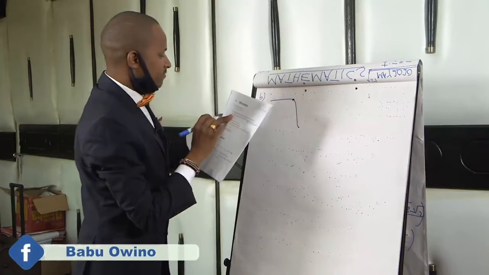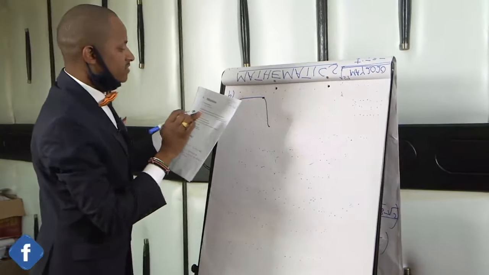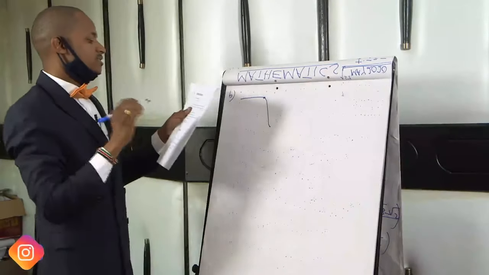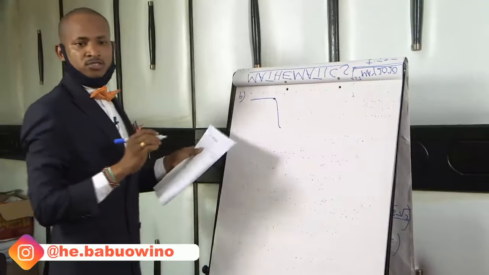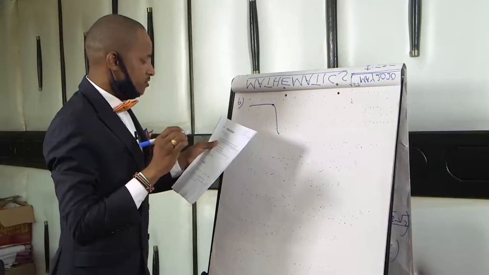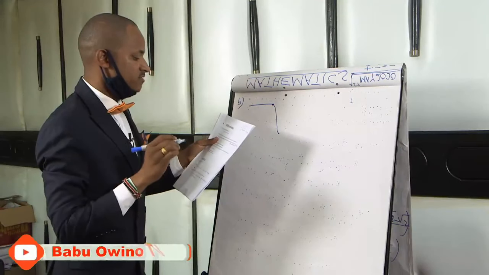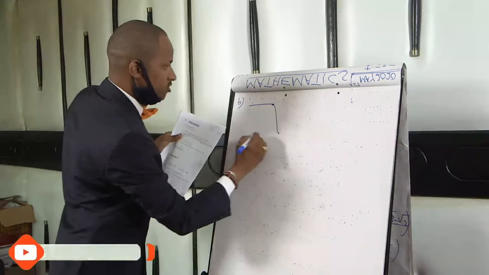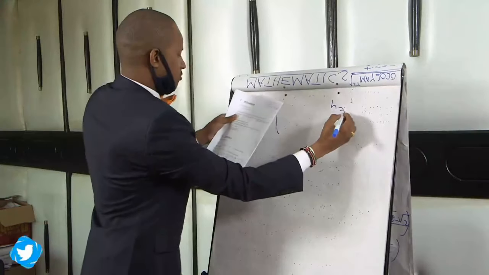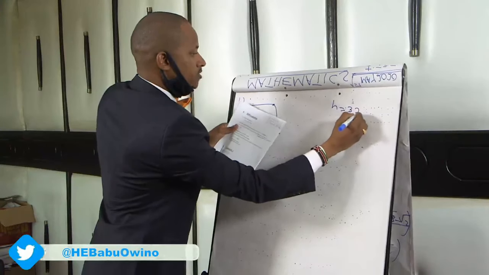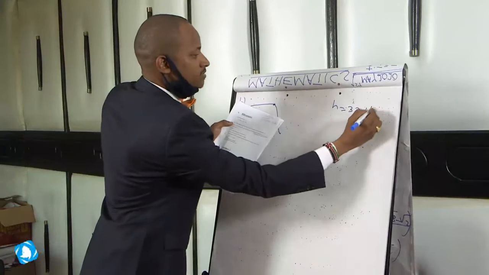At time t seconds, his position h above the surface of the swimming pool is given by h equals 32 plus 16t minus 16t squared.